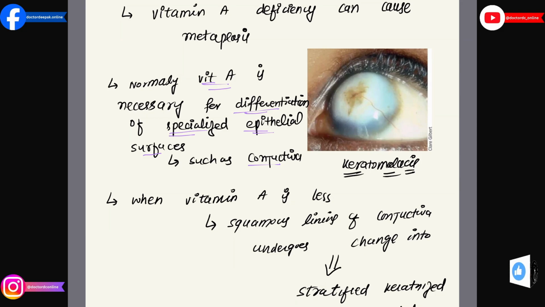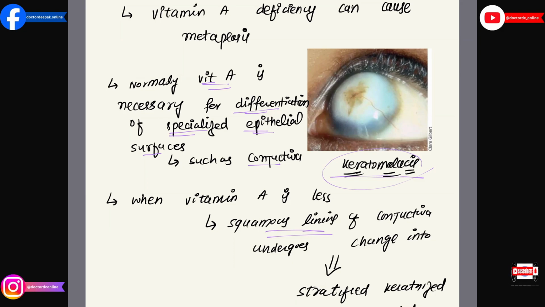So if a person has vitamin A deficiency, when vitamin A is deficient in the body, the surface lining of the conjunctiva will not undergo differentiation. When the cell does not undergo differentiation, it can lead to different changes in the eye. That is called keratomalacia. Keratomalacia is a change that occurs when vitamin A is deficient.